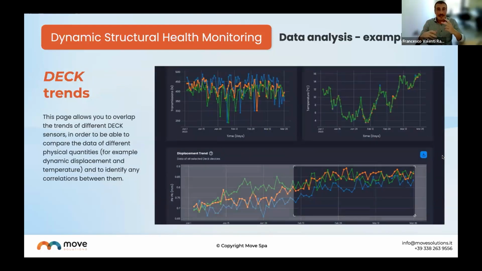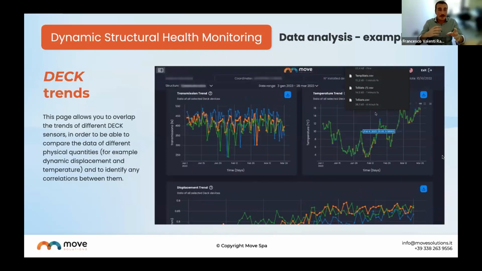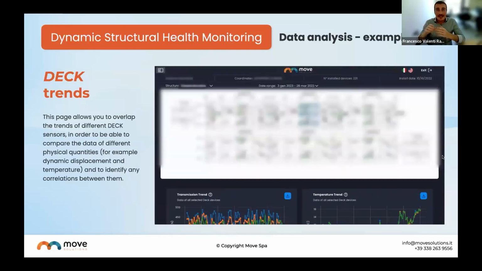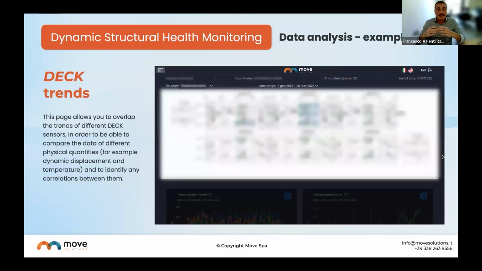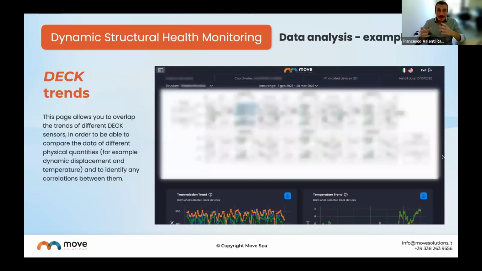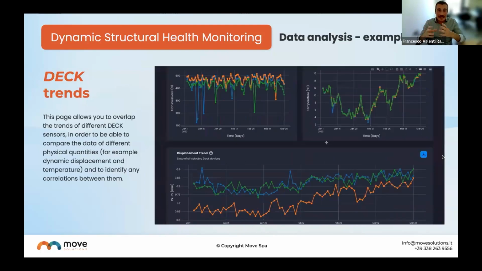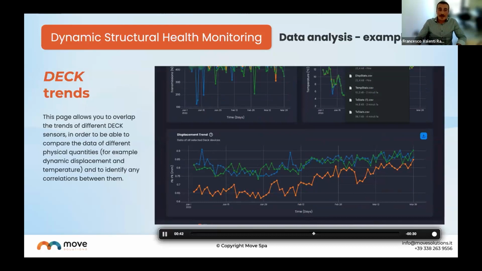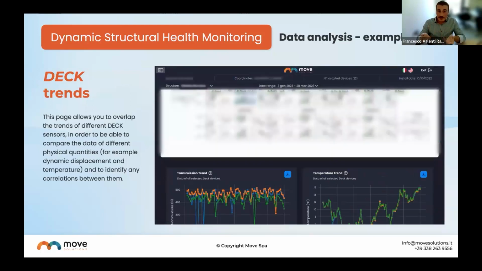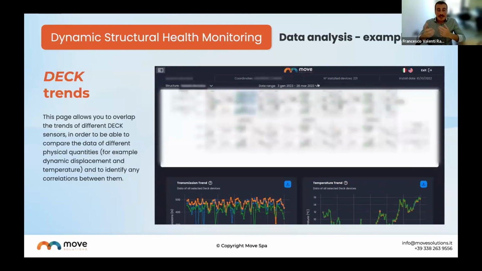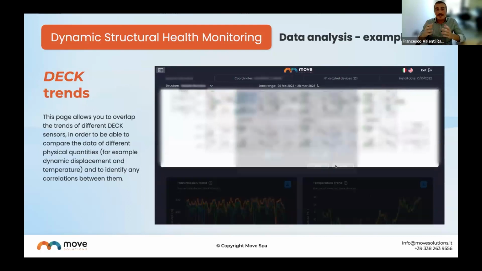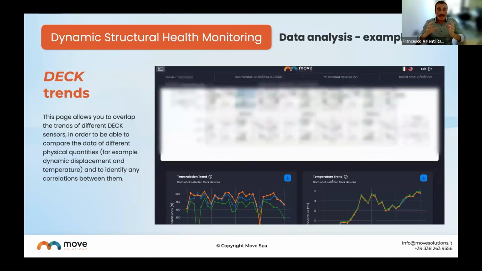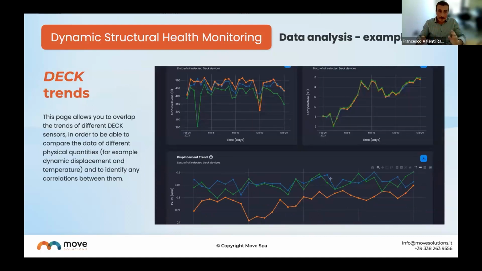For example, the dynamic displacement measured by the DEX and the temperature trend in time, to identify any correlation between these different kinds of measures. The trends relating to the number of transmissions made by the various sensors day by day are also provided, so as to be able to monitor their state of health and plan any preventive maintenance activities.